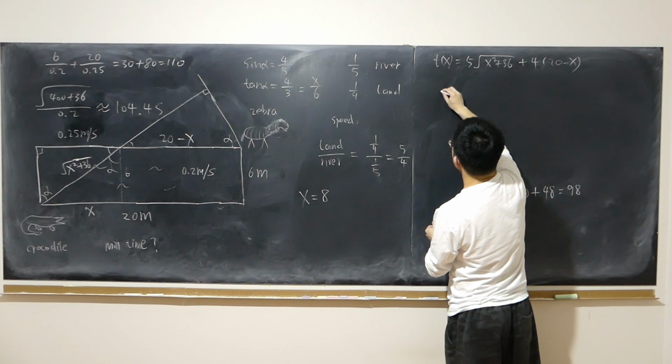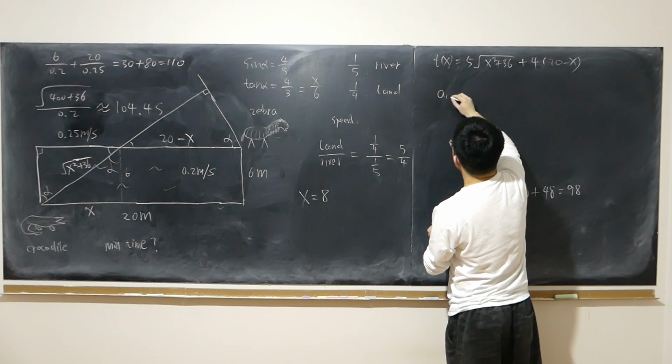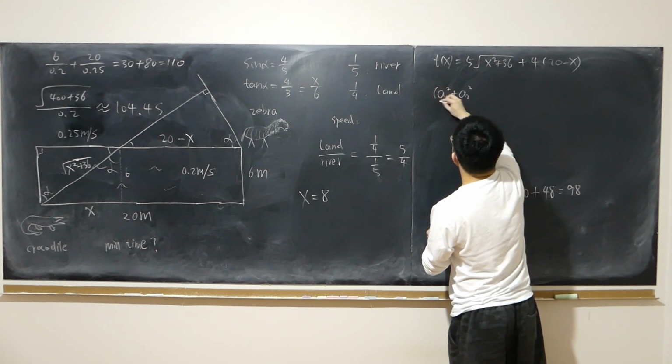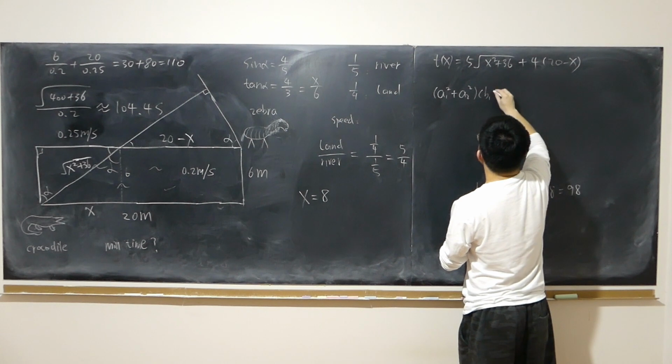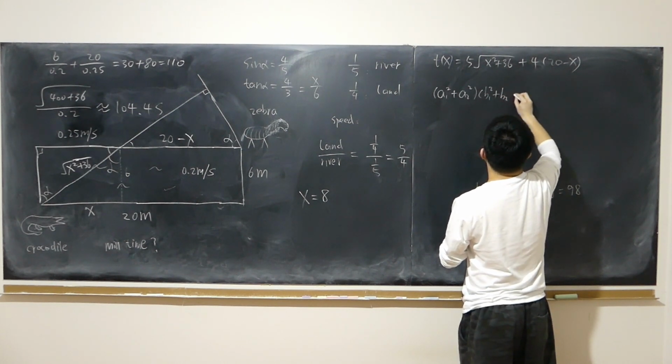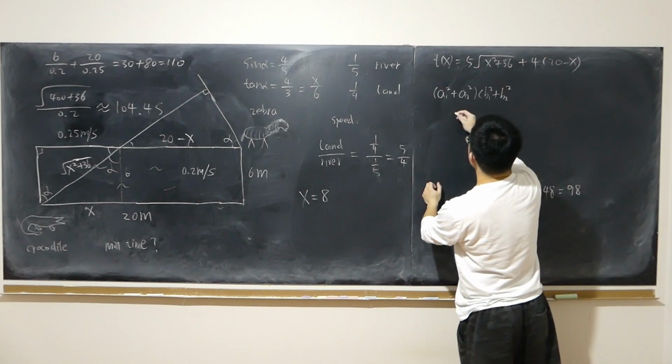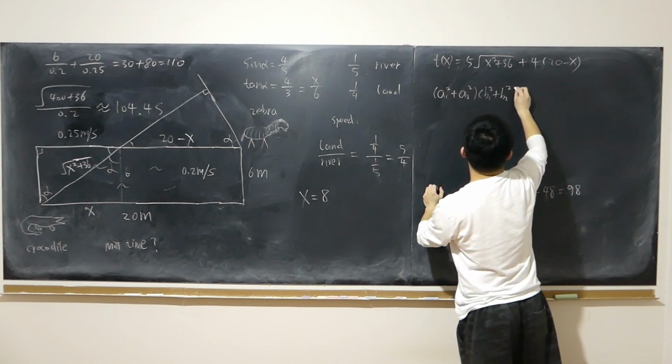Right, Cauchy inequality tells us that the square root of a1 squared plus a2 squared, times b1 squared plus b2 squared, if we only have 2 pairs of numbers, right? Usually we have n pairs.